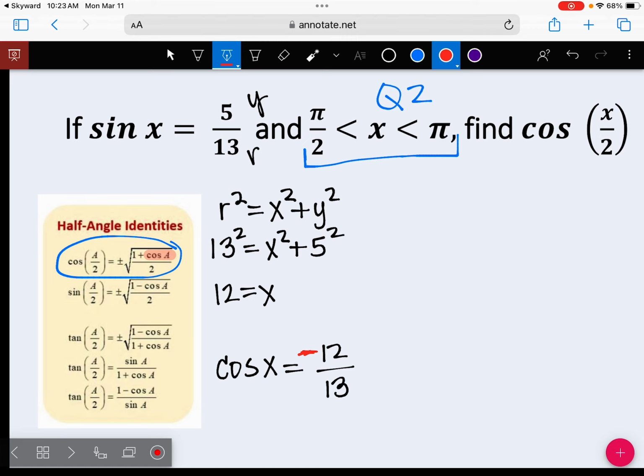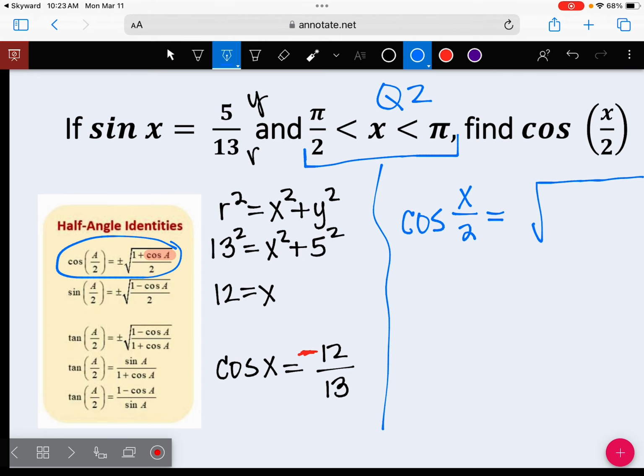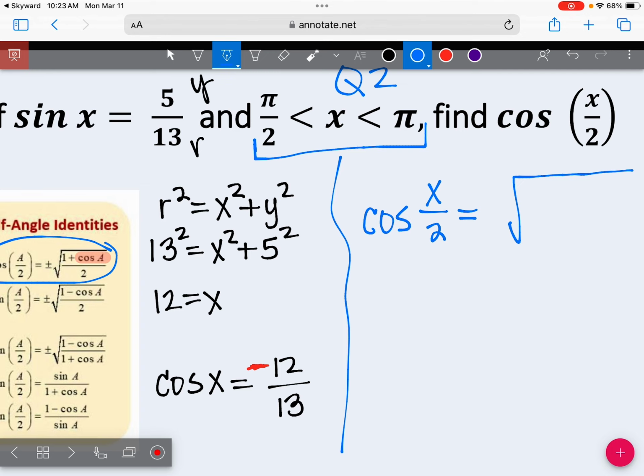So we know that the cosine of x over 2, my half angle, is going to equal, and then I have 1, and put my numerator. My numerator says 1 plus the cosine of x, which would be -12 over 13. And that's all over 2.